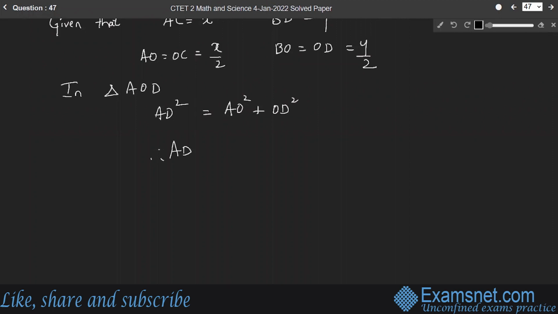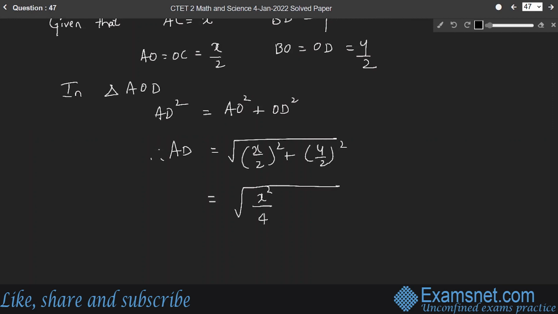Therefore, AD is equal to square root of AO is X by 2 whole square plus OD is Y by 2 whole square, that is square root of X square by 4 plus Y square by 4. So since 1 by 4 is common factor, take it out, 1 by 2 into X square plus Y square.